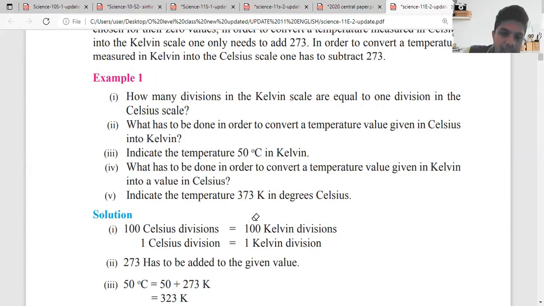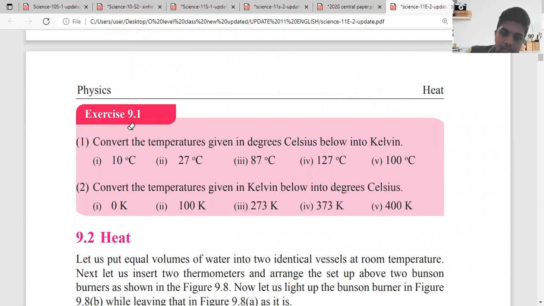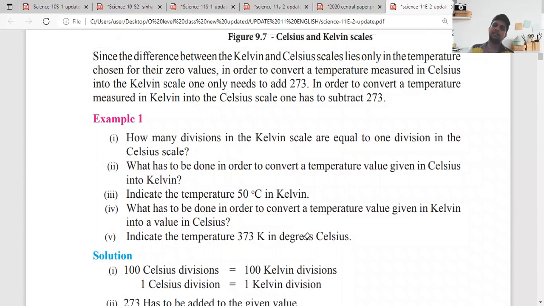Okay, since this is a theory part, let's write the small questions. We don't need the long questions; for those we write only the answers. But here, let's write, because this part explains the theory also. First write example 1: how many divisions in Kelvin scale are equal to 1 division in the Celsius scale?